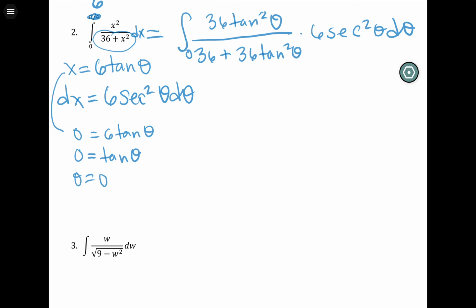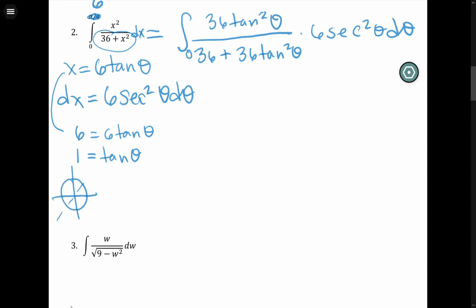When x is 6, I'm going to work my way back through this. I can divide out the 6. I get tangent theta is equal to 1. If I take the inverse tangent of 1, so I'm trying to figure out when tangent equals 1, which means slope is 1, I'm right smack in the middle of quadrant 1, which means that I want my theta to be pi over 4.